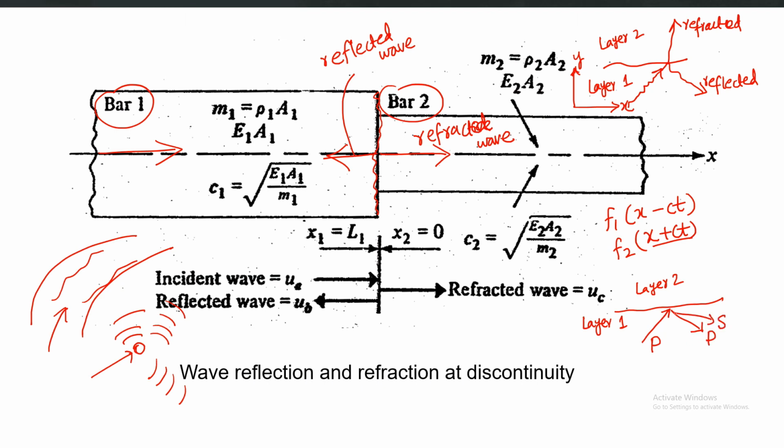Similarly, if some part of it is refracted into layer 2, that may also be either P or S. So one type of wave can be changed into another type when it passes through a boundary layer, or interface between two different materials, or any discontinuity in the medium.